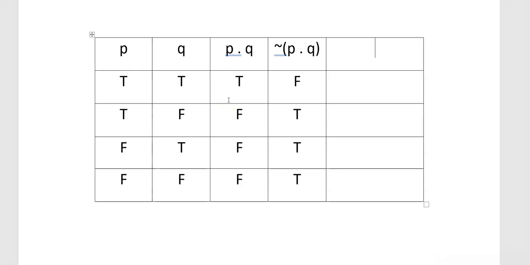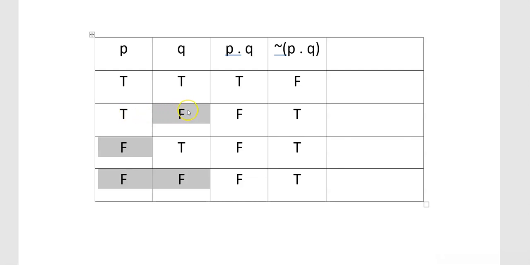The suggestion is drawn from the 3 lines here. Look at the condition where P dot Q is false. And what is common between these 3 rows? The common thing you must notice is that in all the situations where P dot Q is false, at least one conjunct is false. At least one.